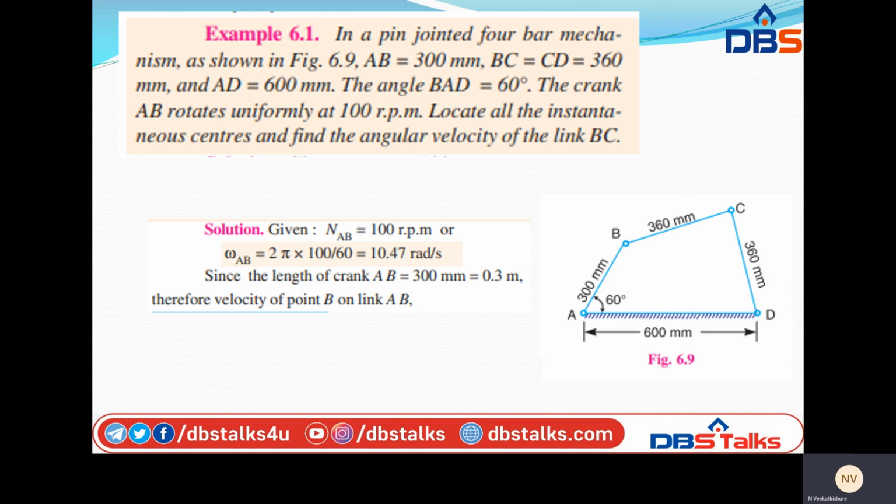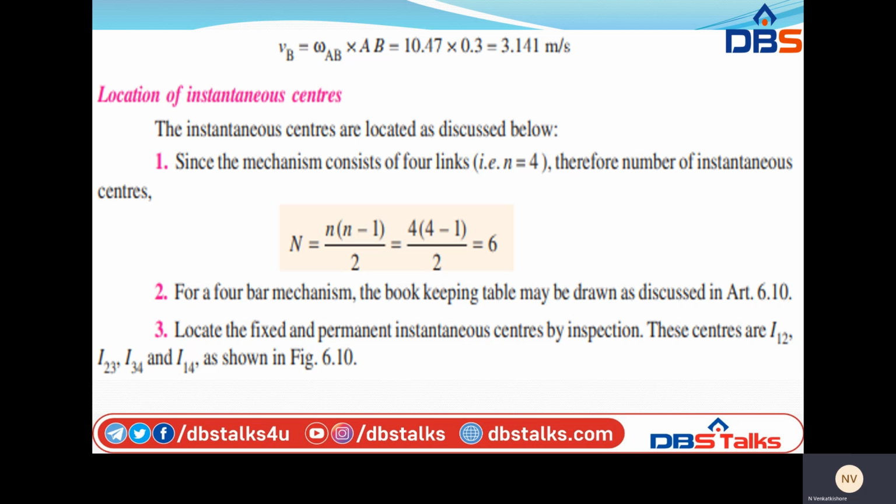Since the length of the crank AB is equal to 300 mm, that is 0.3 meters, the velocity of the point B on the link AB is equal to omega AB into the length of the link AB. Omega AB is 2 pi N by 60, that is 2 pi into 100 by 60.